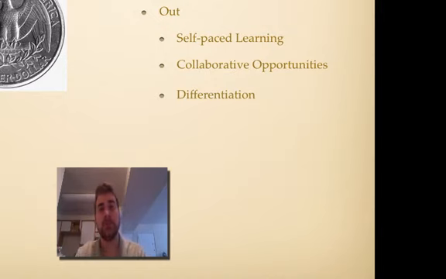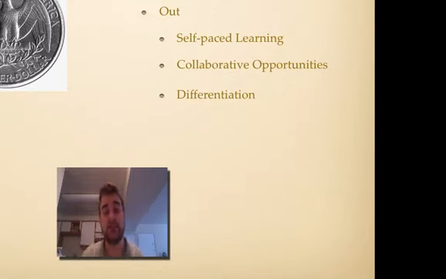So since the students are able to do things at their own pace, teachers can as well. So we can slow down or provide additional resources for those students who need them. And also, the students who are accelerated, who need more challenges, you can provide extended learning opportunities too.